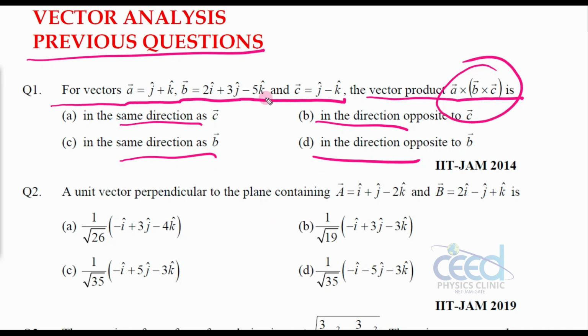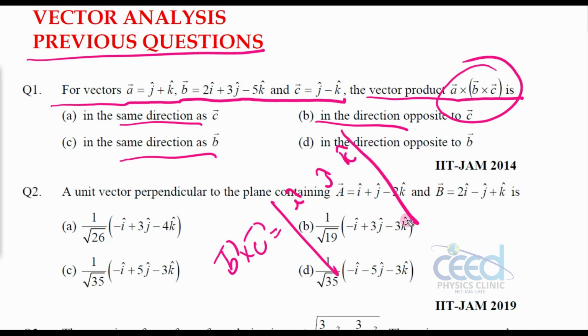So we can calculate B cross C first. What is B cross C? B cross C is equal to the determinant with I cap, J cap, K cap, the coefficients of B, that is 2, 3, minus 5, and the coefficients of C, that is 0, 1, minus 1.